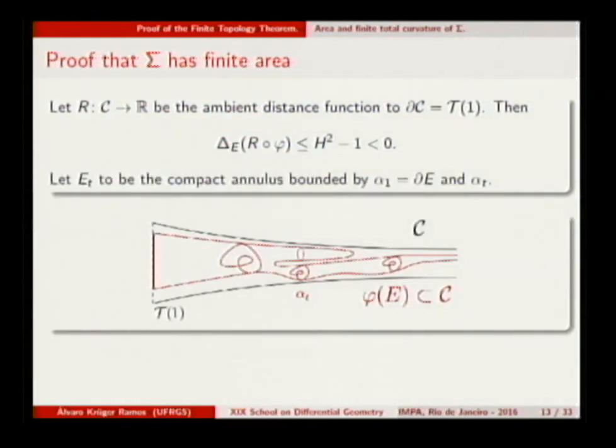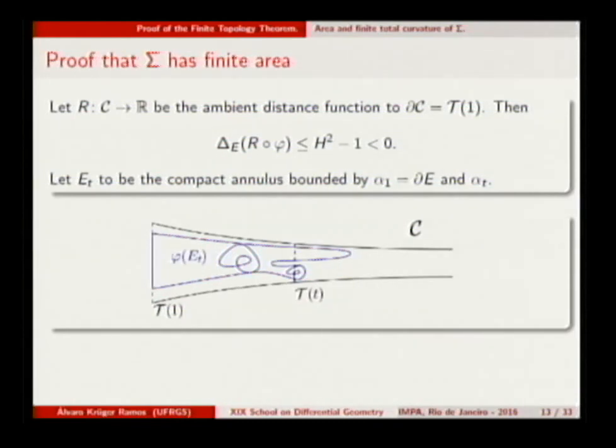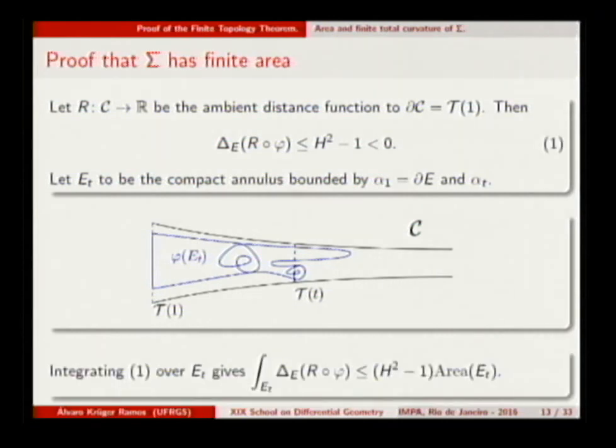Now you integrate over this compact annulus here, bounded by the boundary of the annulus and this homotopically non-trivial closed curve. So this is the picture we are taking. We take this compact annulus here, and we want to integrate this function in this compact region.